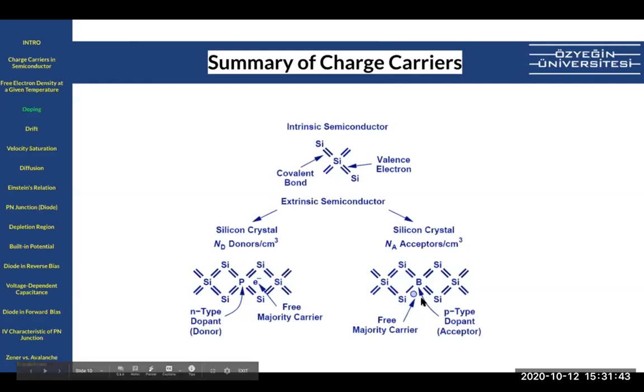Majority carrier means, just like the name says, the holes or electrons are more numerous in that structure. If electrons are more, then electrons are the majority carriers and holes are minority carriers. If the opposite, if the holes are much more than electrons, then the majority carrier is holes. Okay.